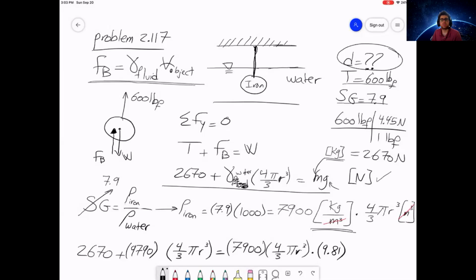Wouldn't it be the gamma of iron then? Remember, for specific gravity you can use gammas or you can use densities. You can say SG is equal to gamma iron over gamma water, or density of iron over density of water. You end up with the same result, you just calculate two different things. That's it.